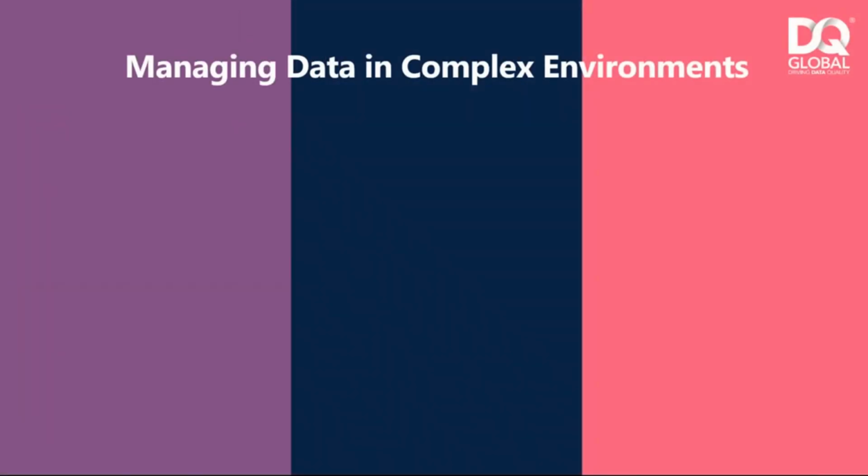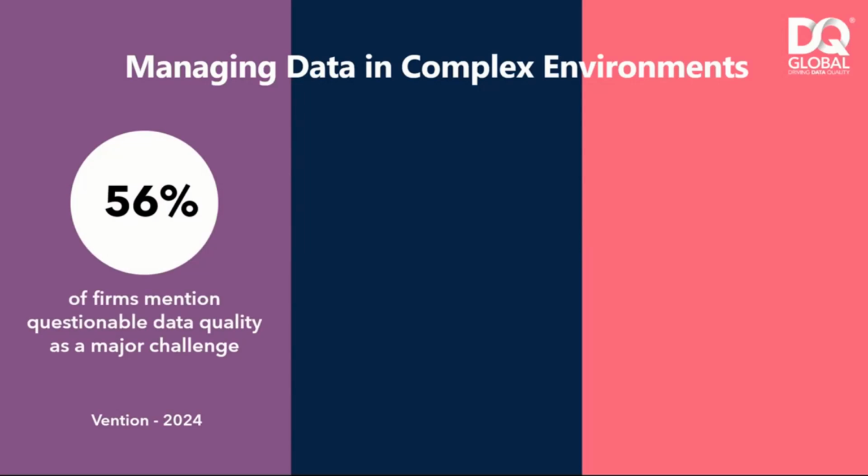And this is tough, okay? This isn't just something that people on the call are seeing as a challenge. There are some very big research projects that have been done, and there are some stats coming out of there. So I just wanted to share those and hopefully make you feel a little bit better, but also you can share these internally. We see that 56% of firms mention questionable data quality as a major challenge, and that's from 2024.